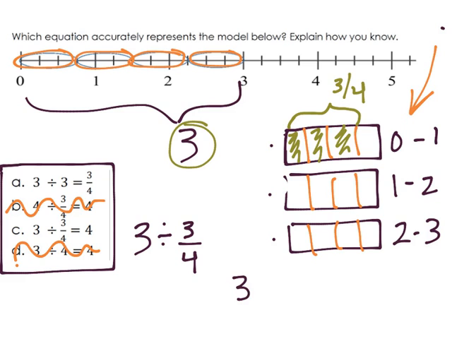So I could check 3 over 1, keep, change, flip. So I change it to multiplication, and then I flip the second fraction.